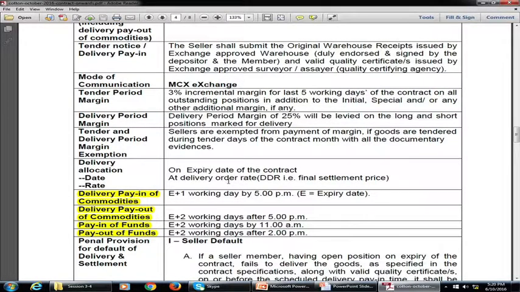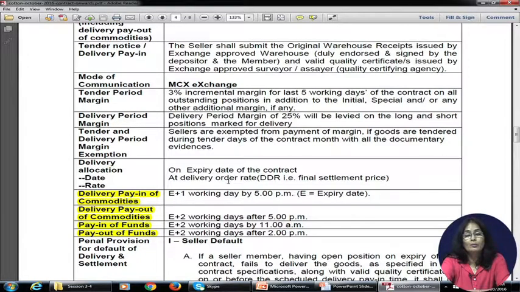That means 400 long futures contracts or 400 short futures contracts are held by different traders. Because the delivery is compulsory, all long position holders will take delivery of the underlying goods, and the short position holders will deliver the underlying, that is 400 contracts into 25 bales.